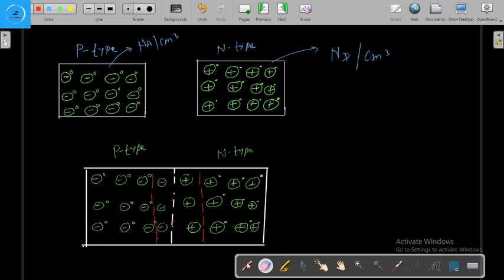This region has only immobile charge carriers, or ions, which cannot move, and this region is known as the depleted region.